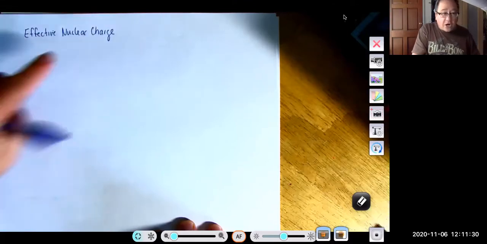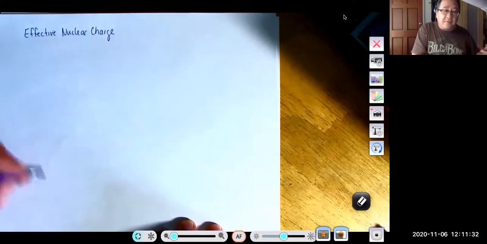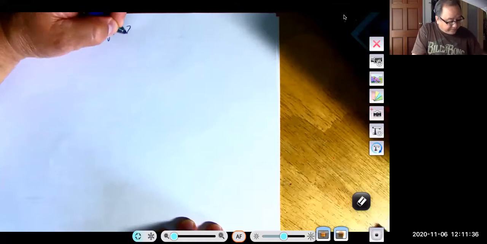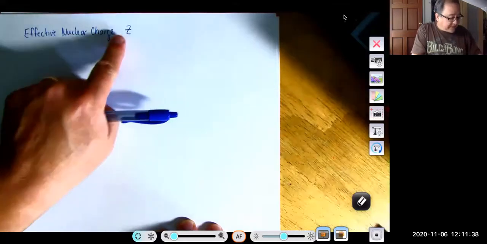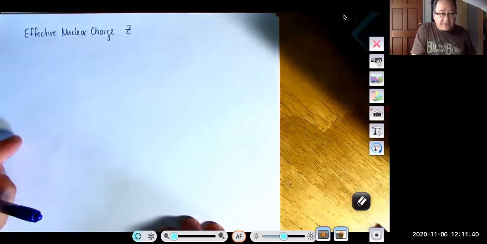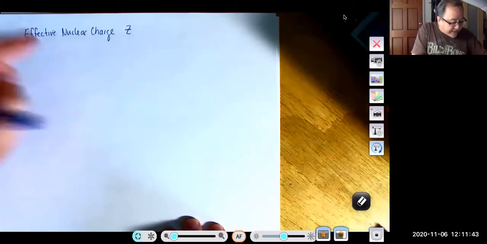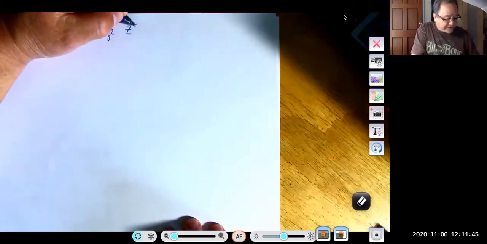Now, nuclear charge is the same as the number of protons in the nucleus. So the symbol has Z in it because that's the number of protons in the nucleus. But effective means that it is not equal to Z.